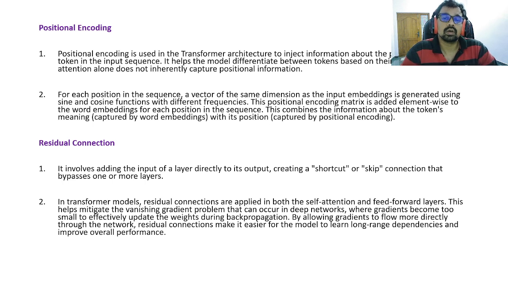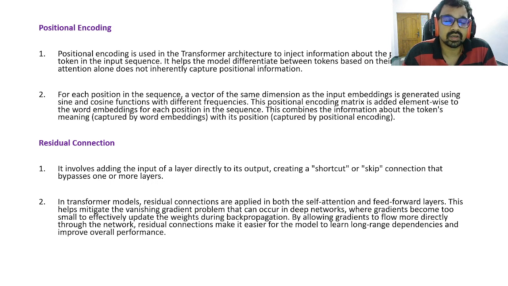Residual connection. One of the problems in neural networks is the vanishing gradient, which means our gradients become too small to update the weights during backpropagation.